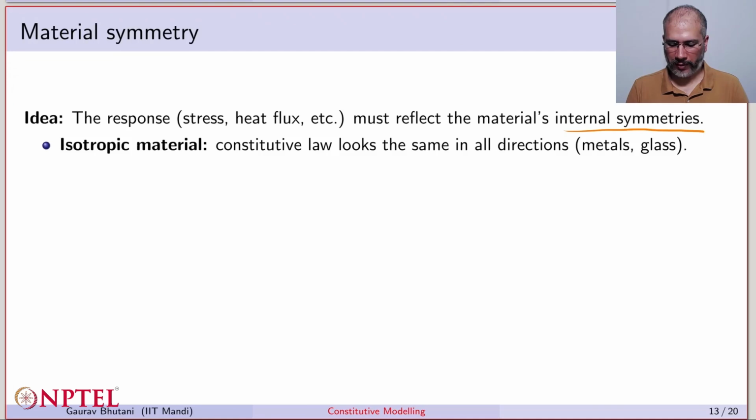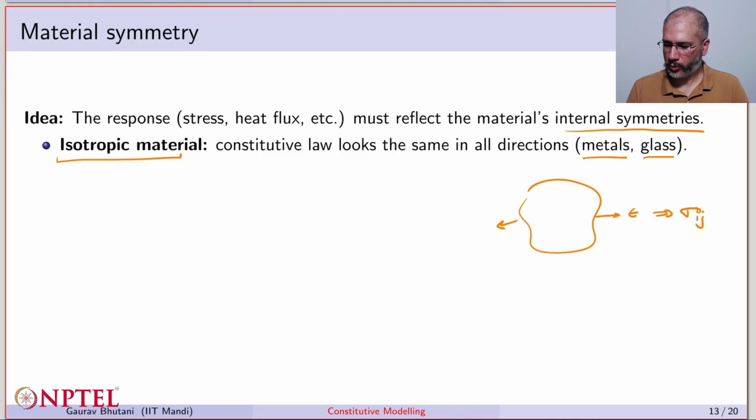For example, if you have an isotropic material like a metal or glass, then the constitutive law should look the same in all directions. So if I have a sample which is kept like this and apply a cause, that is a strain in this direction, that results, let's say, in a response that is a stress overall.